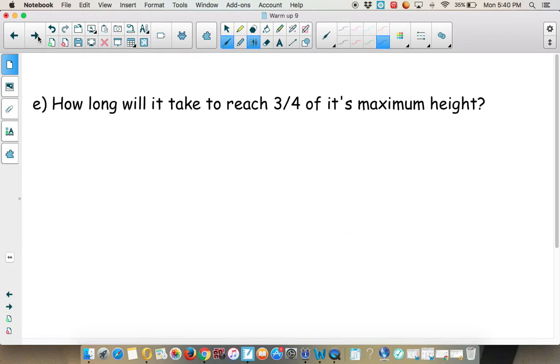All right, so how long till it reaches 3/4 of its maximum height? Well, what you do is, I'm going to say y of t is going to be in my y1, and then in y2, I'm going to put 3/4 of the maximum height, which we've already calculated, which was 72.025.